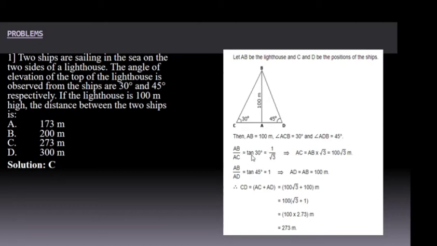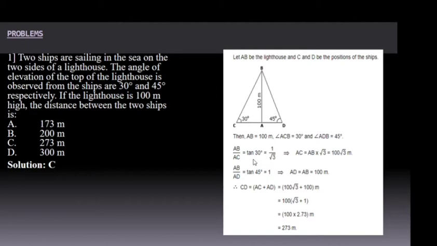So tan of theta, or tan of the angle, gives me the relation between the opposite side and the adjacent side. I am not interested in the hypotenuse, so I will write tan of 30 degrees, the angle at this particular point C. So what is tan of 30 degrees? It is the opposite side, that is AB, upon the adjacent side, that is AC.